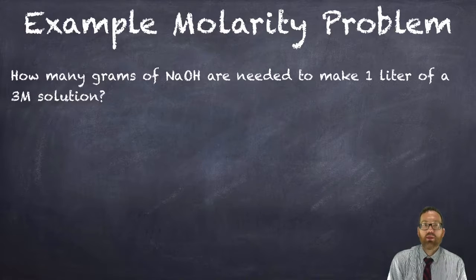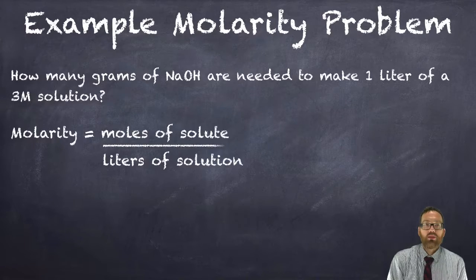Here's another one. How many grams of NaOH are needed to make 1 liter of a 3 molar solution? So our formula again is moles over liters, and they want us to solve for grams of NaOH. So that's our solute. We're dissolving NaOH in water, presumably. So we need to work backwards here.